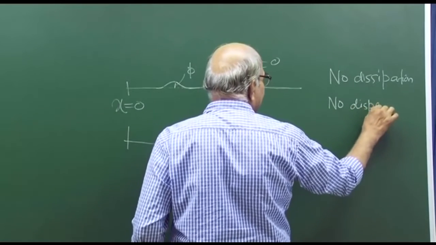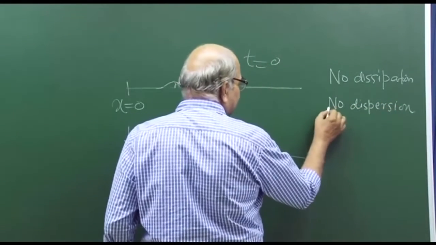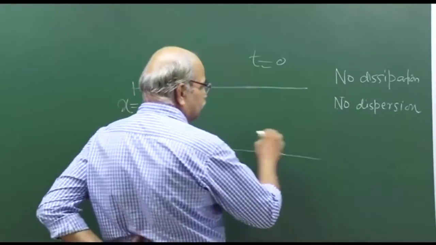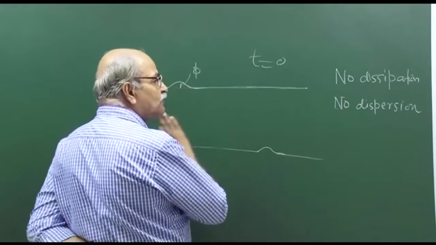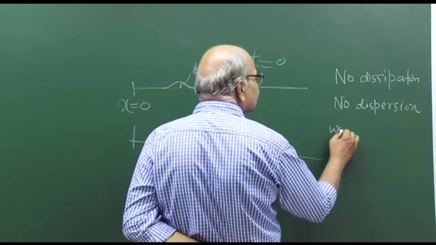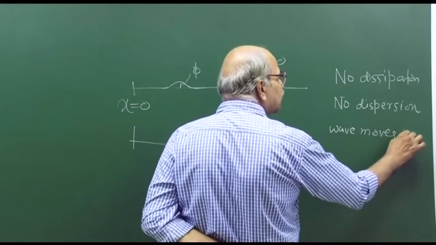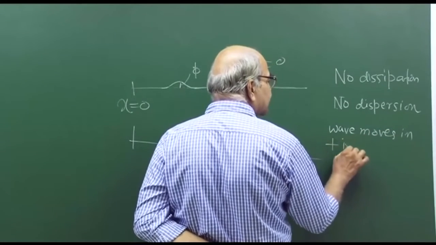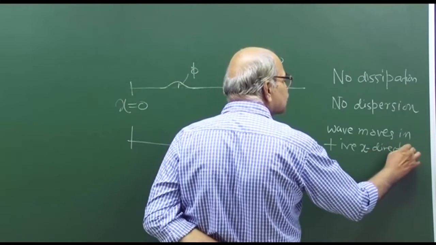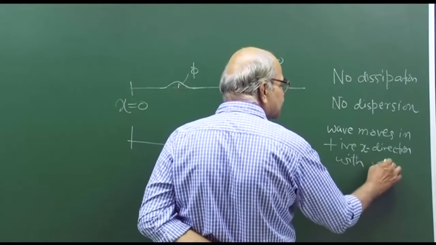How does dispersion come in here? What I mean by saying no dispersion is that the entire wave is going with one particular velocity. This wave moves in positive x direction with fixed velocity v.